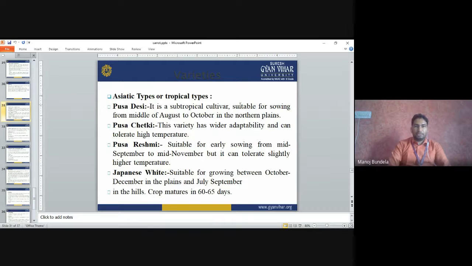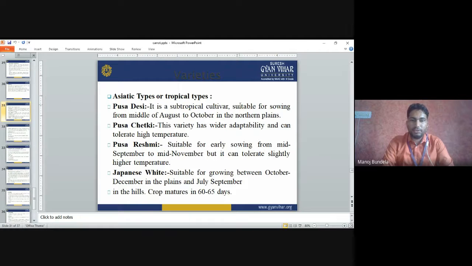Next is varieties. Asiatic type varieties grown in tropical areas are Pusa Desi. Pusa Desi is a subtropical cultivar suitable for sowing from mid-August to October in northern plains. Pusa Chetki has a wider adaptability and is tolerant to high temperature.